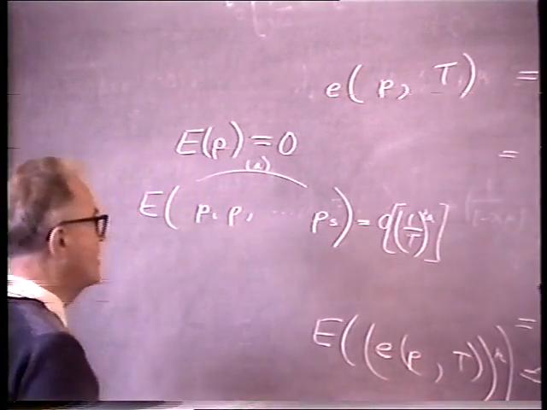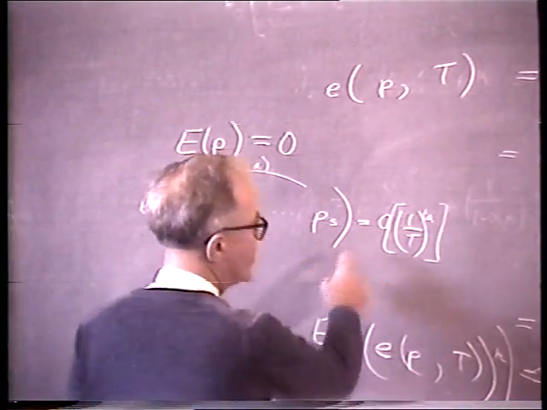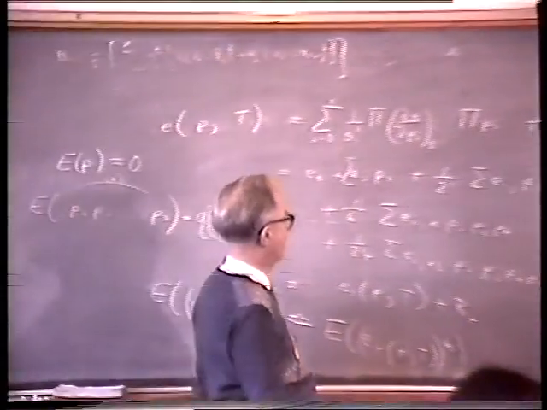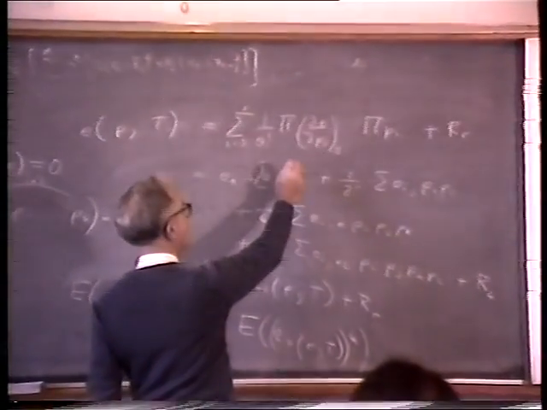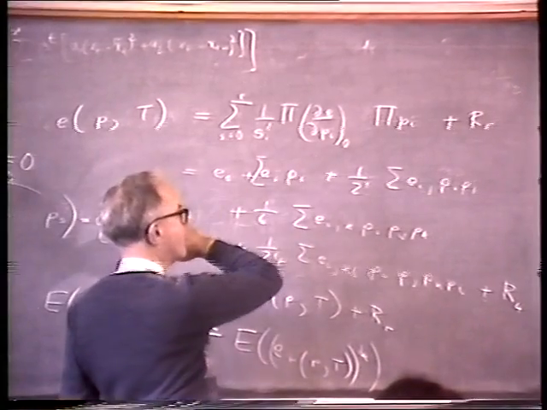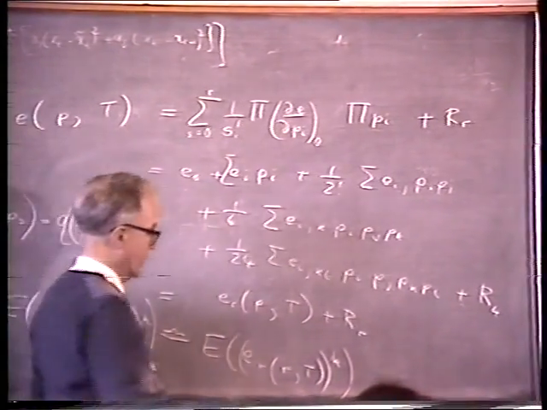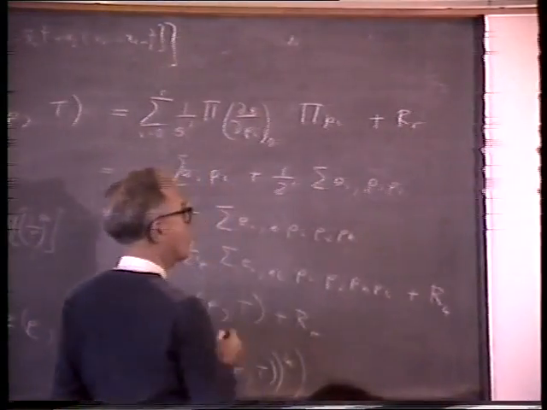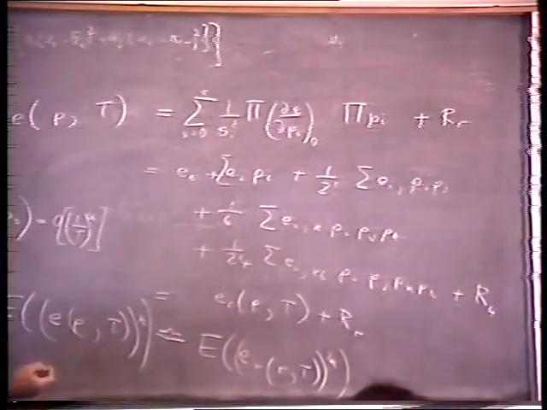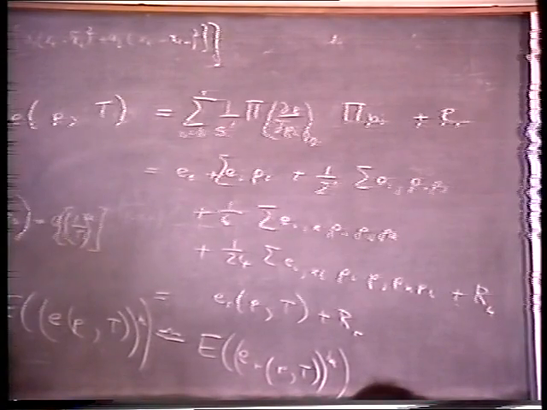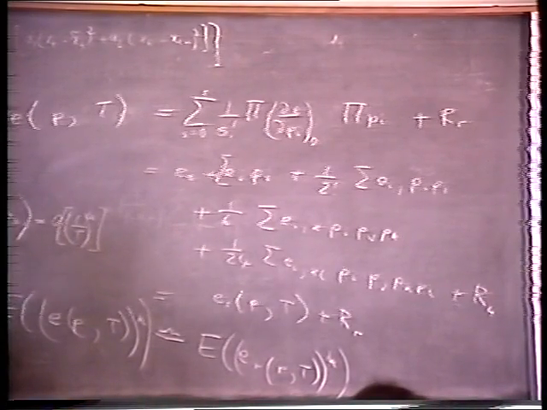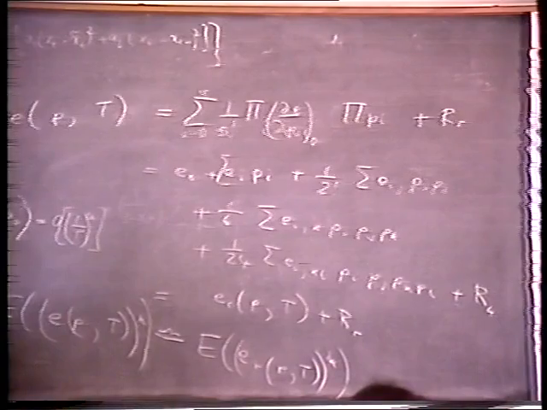The essential point is that if this condition is satisfied, then the first term here will usually by definition be 0 because we're taking deviations from the mean. The second term will be of order 1 upon T, the third term of order T to the minus 3 upon 2, and so on.